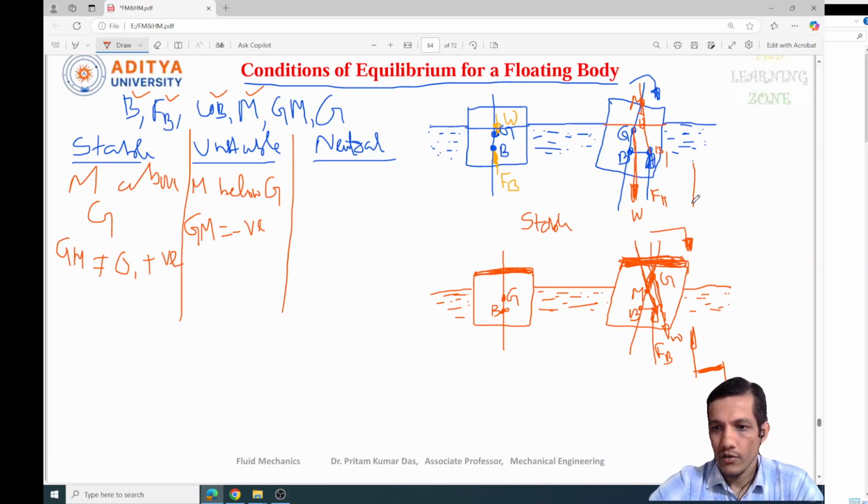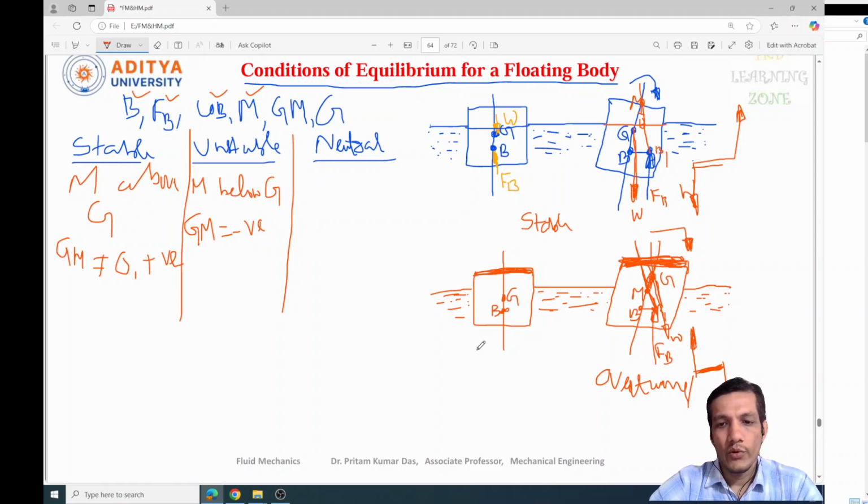Previously it was different: this was our G point, W, and this was our force of buoyancy, in one direction. Now, though it is moving in the clockwise direction, this movement is overturning, and overturning a floating body means it is going to sink in the water. That's why the body is not going to come back to its original position if you remove this angular displacement. That's why it is called unstable.